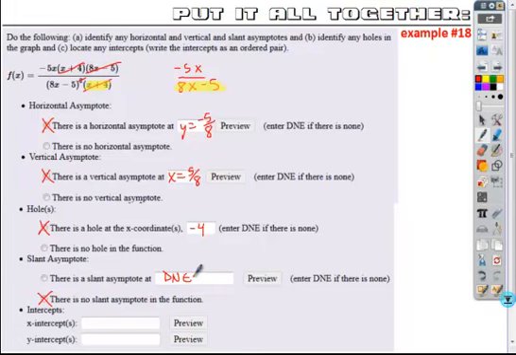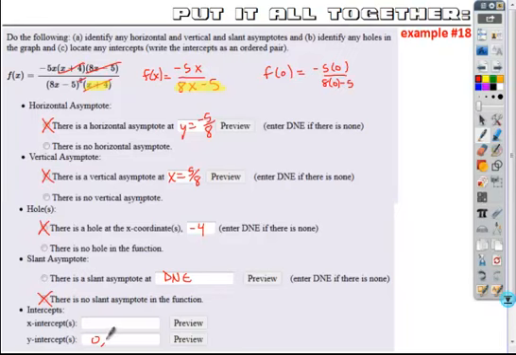And now when you look for your x and y intercepts, if you come back up to this form right here, if we take this simplified form and we evaluate it for 0, so we get negative 5 times 0 over 8 times 0 minus 5. 0 divided by negative 5 is 0.